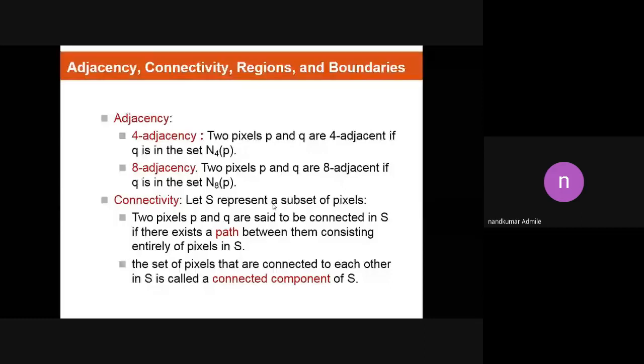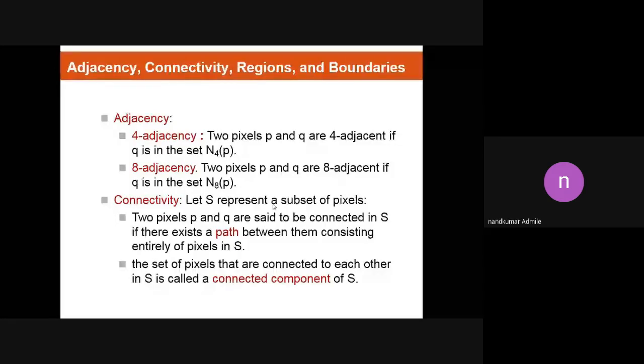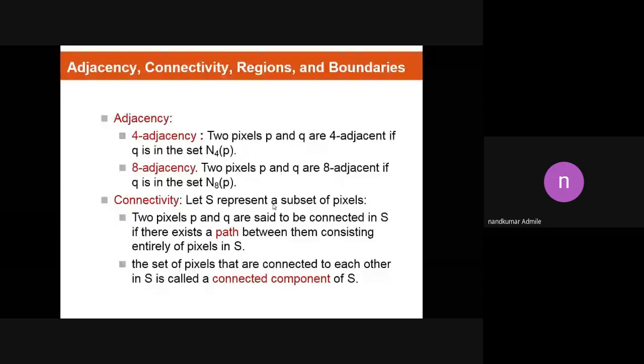Roll number 25, Pratiksha. What are the three types of connectivity? Which three connectivities were just mentioned? Yes, sir, tell me. Which three were mentioned? First one. No, sir. Where is your attention? Are you attending the lecture like this? Roll number 4, Ashwini. Roll number 3, Snehal.